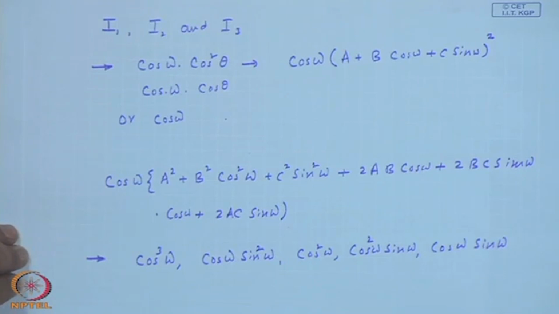So, if you can integrate cos cube omega, you can integrate everything else.